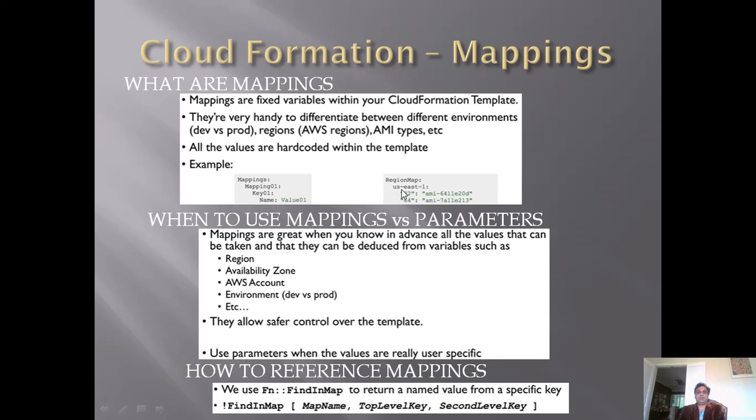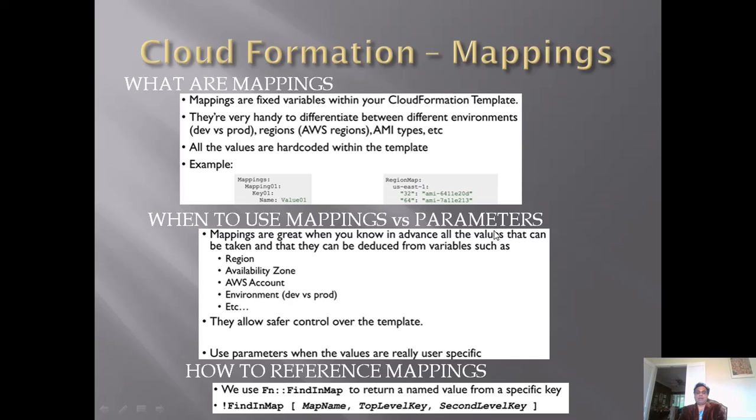An example is US East 1, then you could say 32-bit means this is the AMI, 64-bit means this is the AMI. So it's almost like a list of values, but with two levels. So you could say region, under the region, if it is US East, and if it is 32-bit, then choose this, so that you don't have to hard code things.